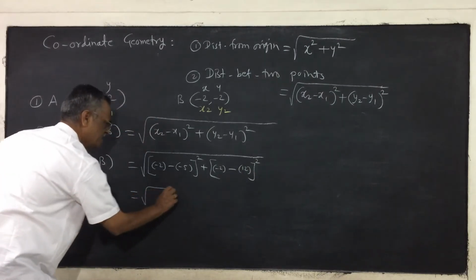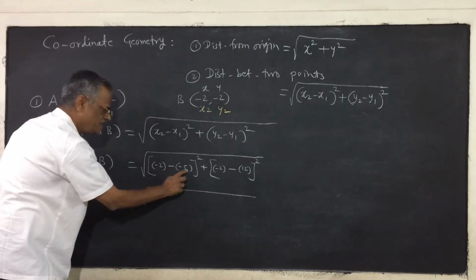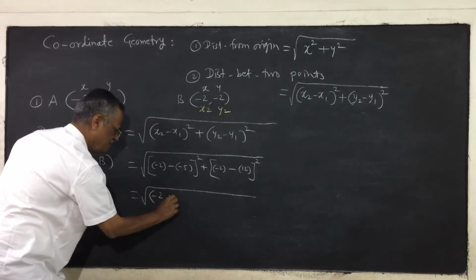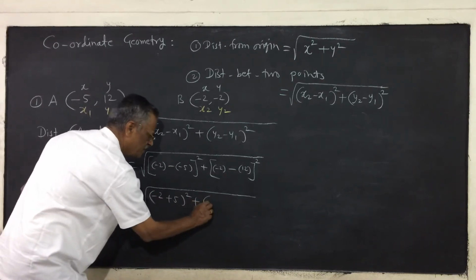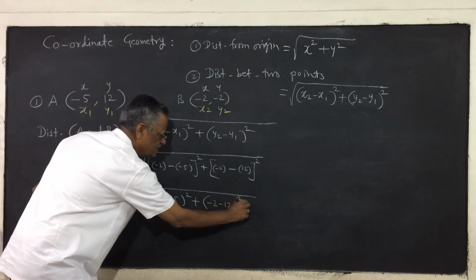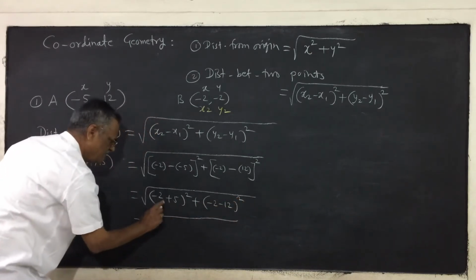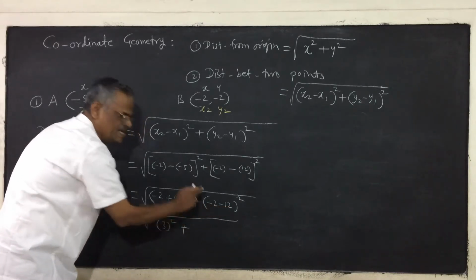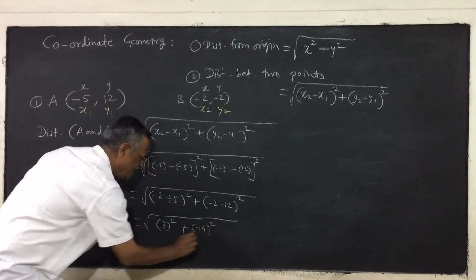Take the difference here. Negative and this is positive. Minus into minus positive. So minus 2 plus 5 bracket square. And what is here? Minus 2 minus 12 bracket square. See the difference. 5 minus 2, it is 3 square plus both negative, so addition is there. Minus 14 bracket square.